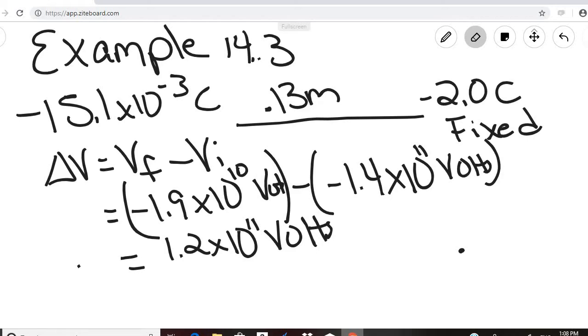Okay, so now we can go ahead and do the change in potential energy.